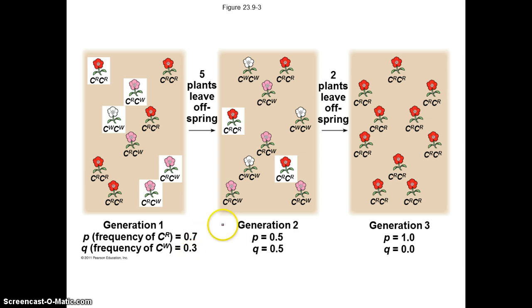Now let's say next season you have some plants surviving and some not, and now you see a reduction in p. Now you have 0.5 and 0.5 for both p and q. And say in the next generation you have the loss of the recessive trait, and this one shows 100% red. So here you can quantify that change that is happening in a population.